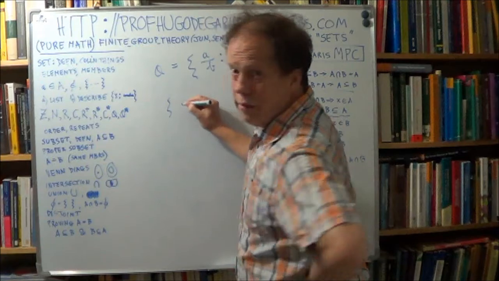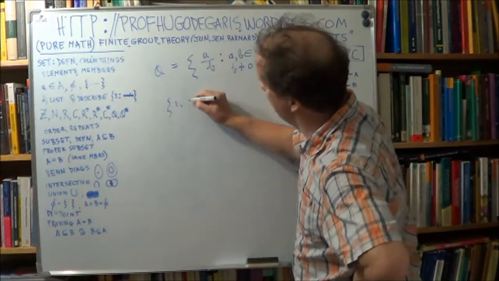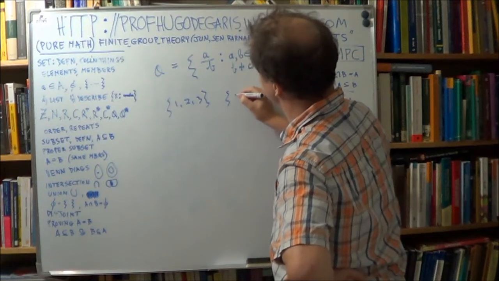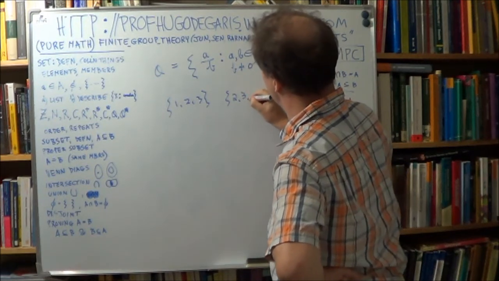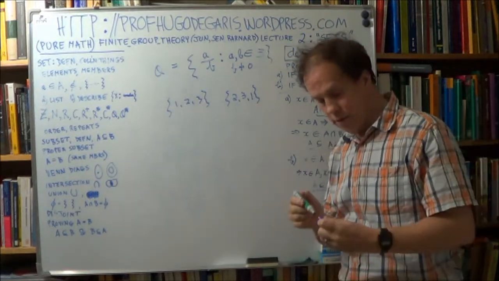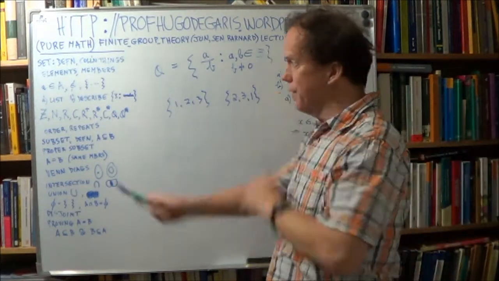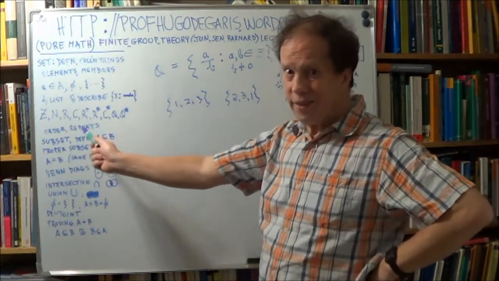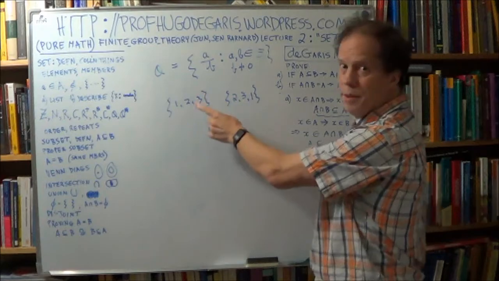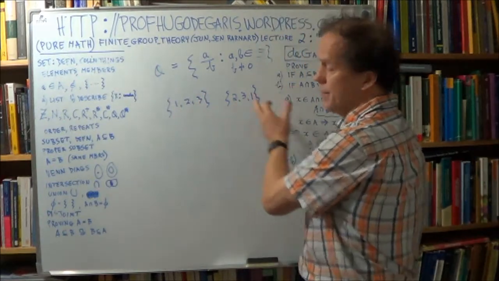If you have two sets like this, 1, 2, 3, and you have another set that's 2, 3, 1, they're the same set. Okay, so a set by definition is order independent. It doesn't matter if you rearrange the order of the members of the set; it's the same set.